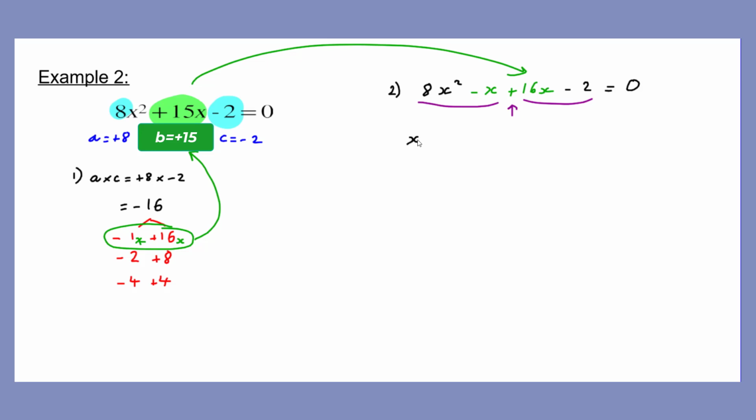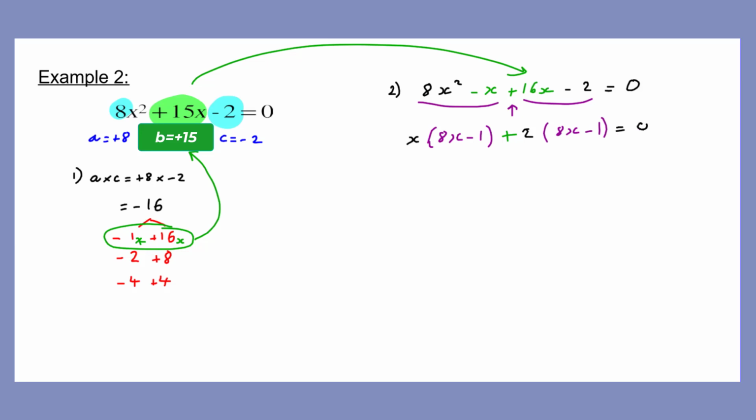So you're going to take x outside the bracket and factorize our two terms. So x times 8x to give us 8x squared back, minus x times 1 to give us x. Now keeping the positive sign intact in between, we factorize the next two terms. 2 and 16, highest common factor is 2, and then it's going to be 2 times 8x to give us 16x, and then 2 times minus 1 to give us the minus 2, equals 0.